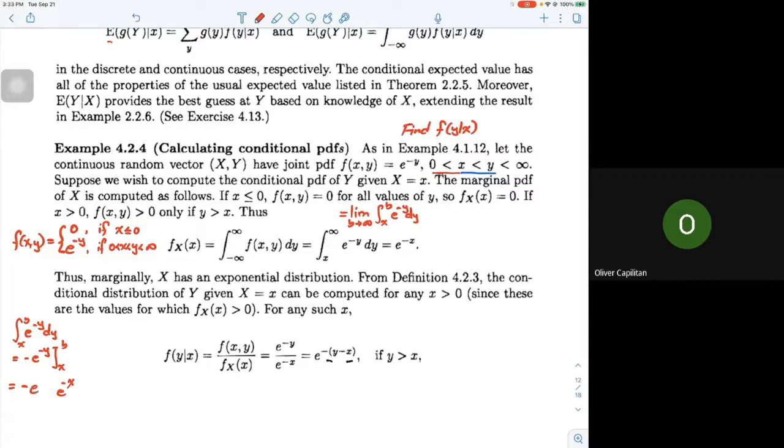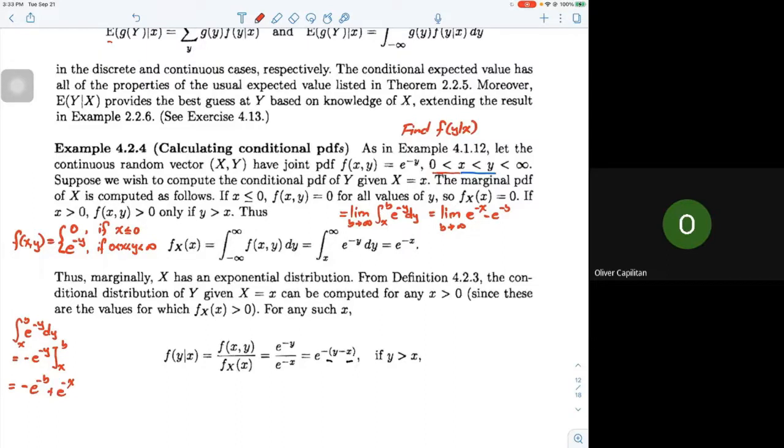E to the negative b plus e to the negative x. So if we're going to apply this, this is equal to the limit of negative e to the negative x minus e to the negative b as b approaches positive infinity.